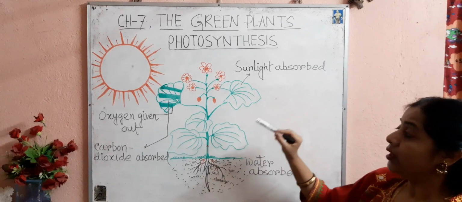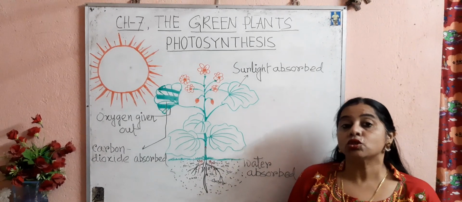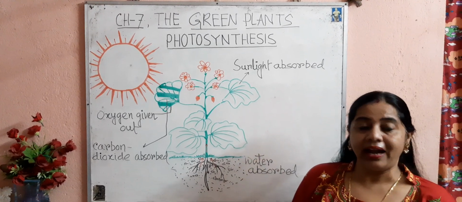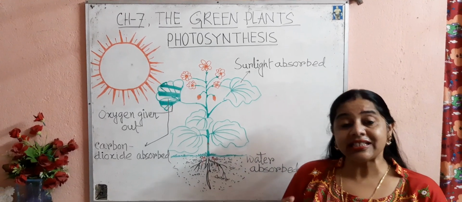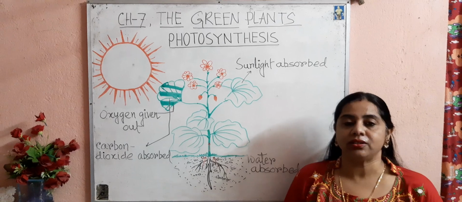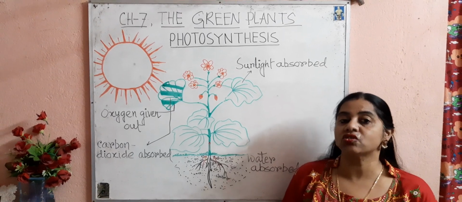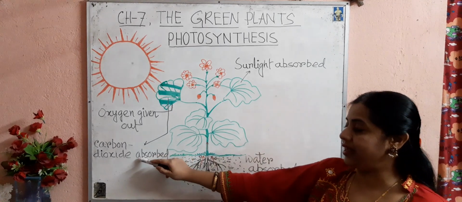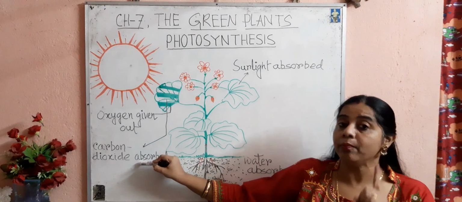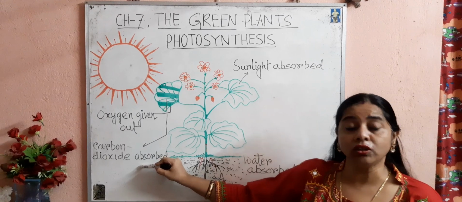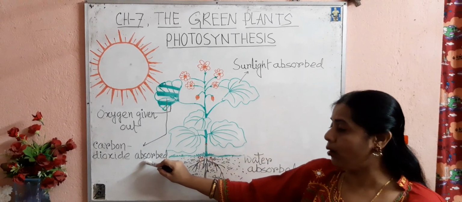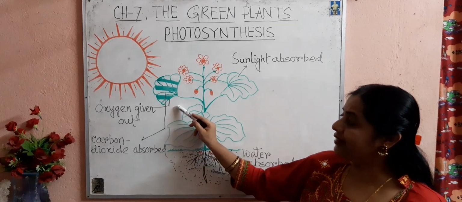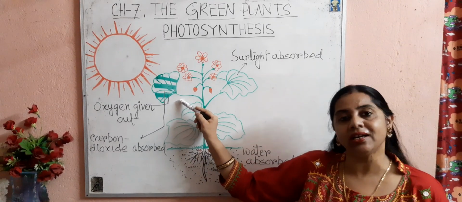Now children, all of you know that stomata are present on the underside of the leaves. And I told you that gaseous exchange in plants takes place through these tiny holes or stomata. So, carbon dioxide, which is also an important factor for photosynthesis, is absorbed from the atmosphere and taken inside the leaves through the stomata.